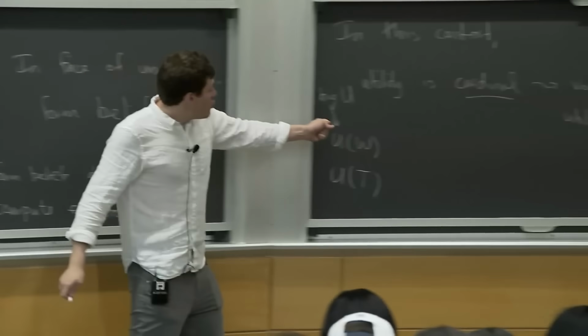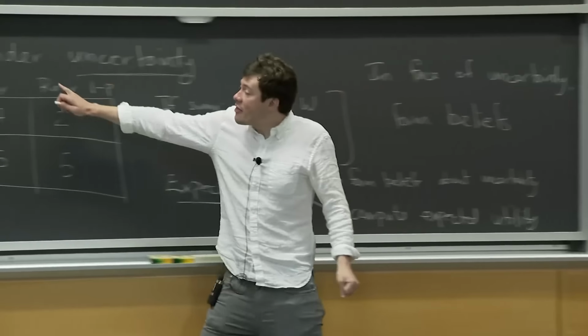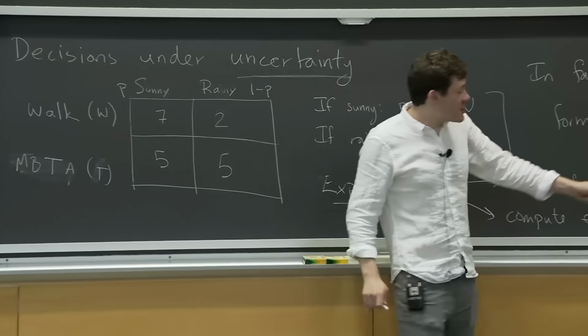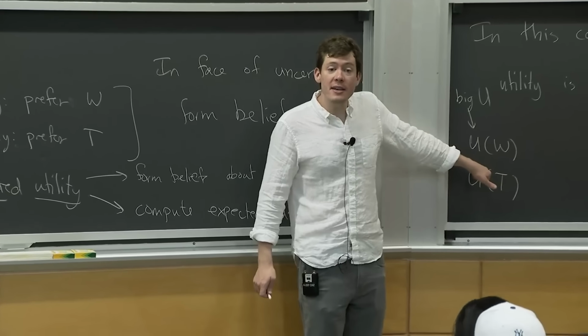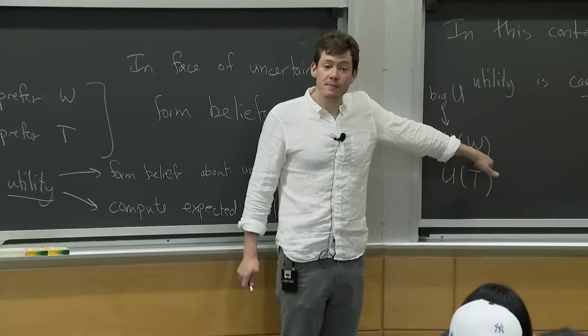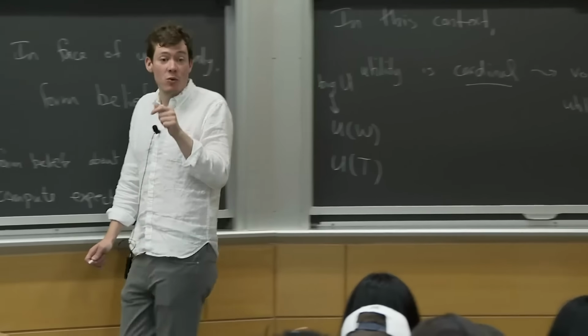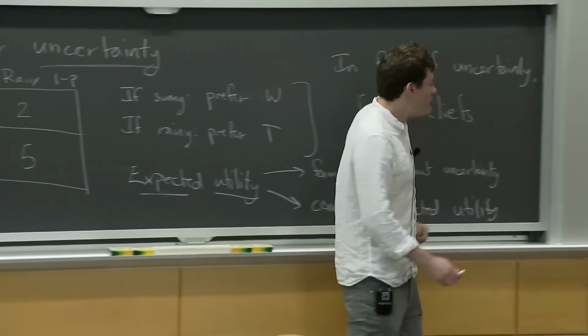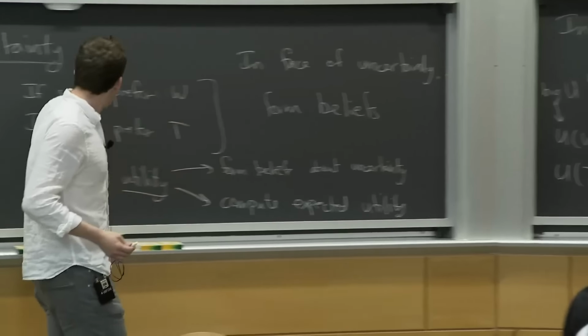My big U, my expected utility, isn't assigned to a weather choice pair. It's assigned just to the choice. So for my big U, I can say, what is my expected utility from walking? My little u tells me my utility from walking in each state of the world. So let's just compute this. It's going to be quite easy. The math here is not the point. It's about conceptually.